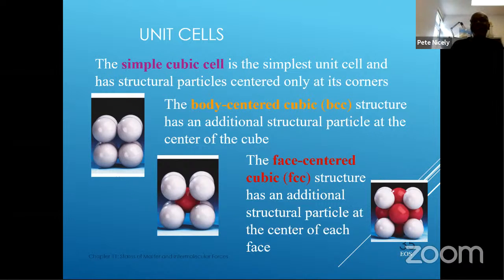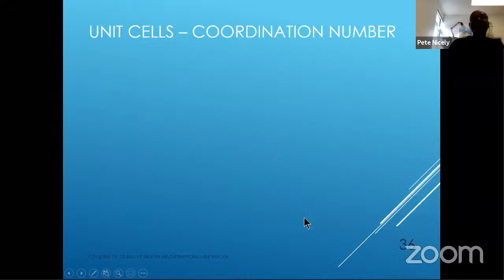As you all know, the cube has 6 sides, so there will be 6 atoms occupying the middle of each face. So those are some possibilities for how the ions or atoms would be arranged: simple cubic, body-centered cubic, or face-centered cubic.